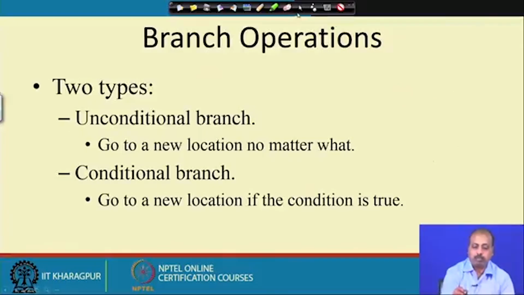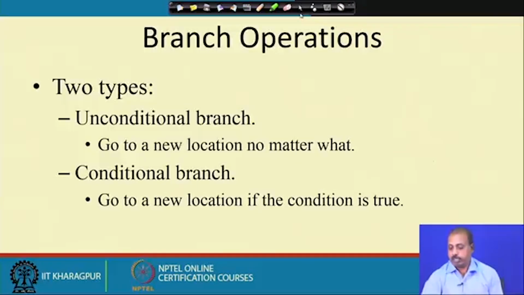One is called unconditional branch, where the branching is independent of the outcome of the previous operation, and there is the conditional branch. This branch will be taken if the previous operation evaluated to some condition being true. Unconditional branch is go to a new location no matter what, whatever was the outcome of the previous instruction, it will branch to the new address, and things like that.